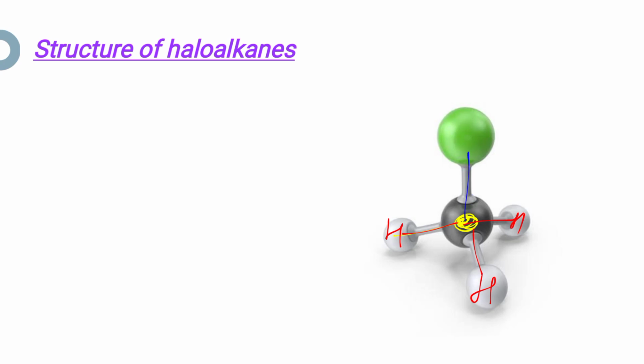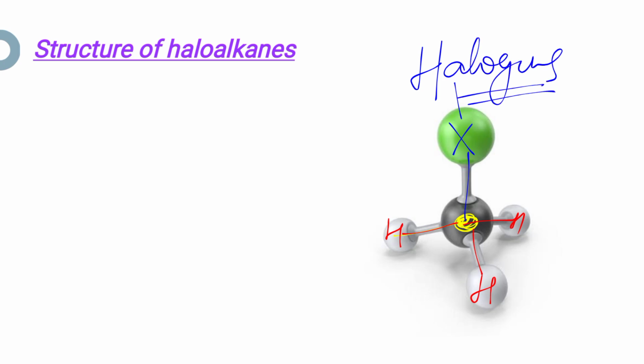This X atom is known as halogen. Basically, what is the perfect structure of haloalkanes? This is the main question of the students.